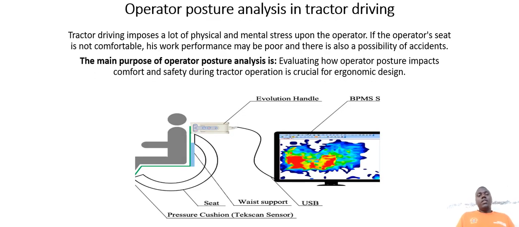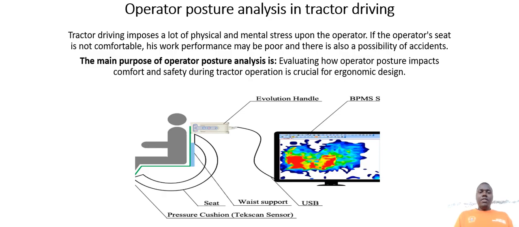Next slide is just about the first point, which is called operator posture analysis in tractor driving. As students who study ergonomics, operator posture analysis is very important. When you want to design a tractor, first you need to analyze the operator posture, operator desks, and other things.